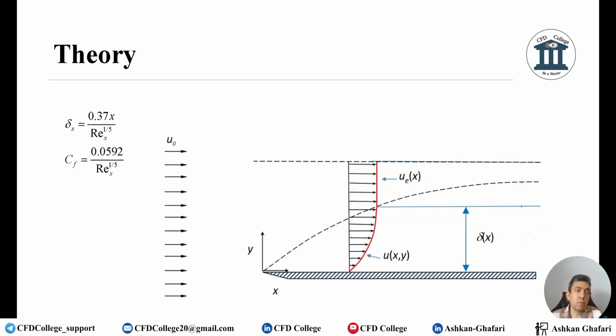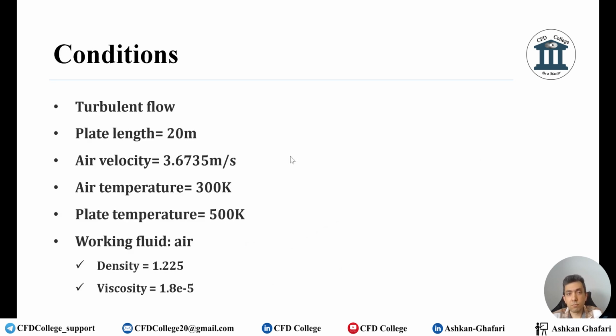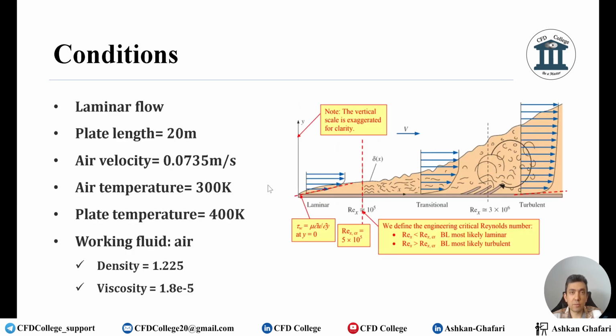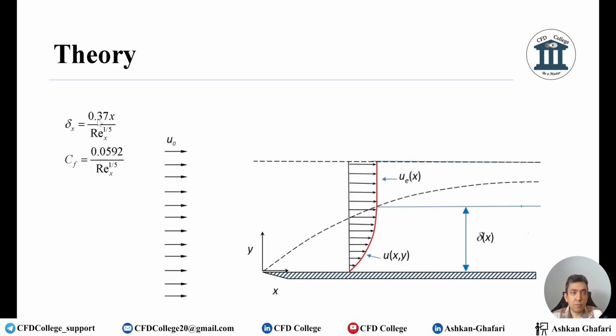So for turbulent flow, delta is calculated using this formula. So let's calculate the thickness of the boundary layer so that we can be sure about these 4 meters for the height of the domain. 0.37 times x divided by Reynolds number to the power of 1 over 5.